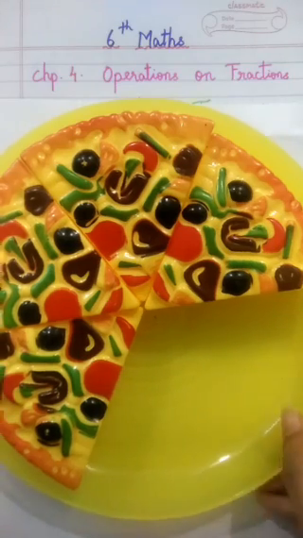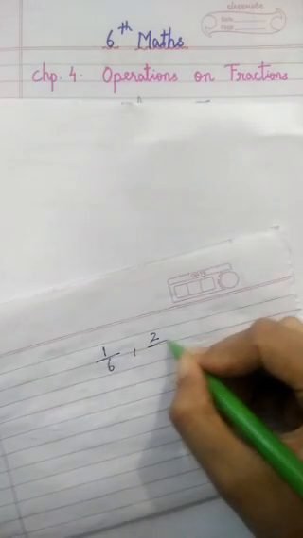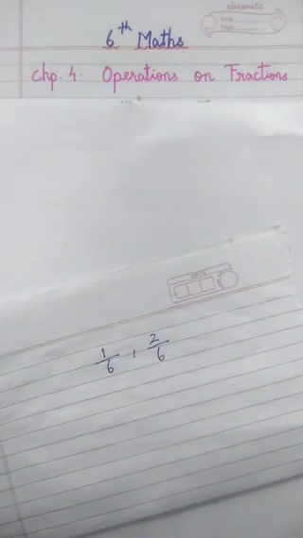So we already know these numbers: 1 upon 6, the one part out of 6 which I took out of the pizza, or the second time I removed 2 parts, so it became 2 upon 6.